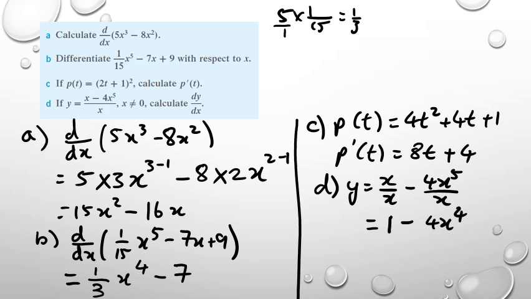Yep. So then when you figure out the differentiation, see why you need the other notation now? You have a y, so you need dy dx. Differentiating 1 gives you 0. Differentiating this part gives you 16 x to the power of 3.